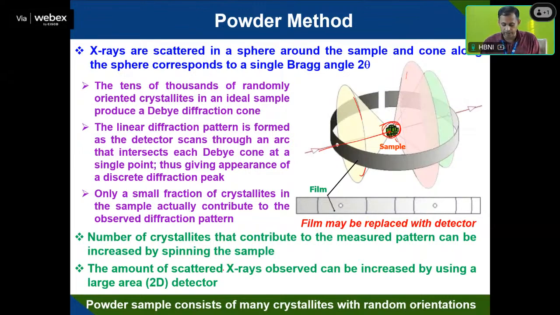The amount of scattered X-ray observed can be increased depending on the detectors used, whether 2D or 3D detectors. If you have a 2D planar detector, you are able to increase the scattered X-rays.